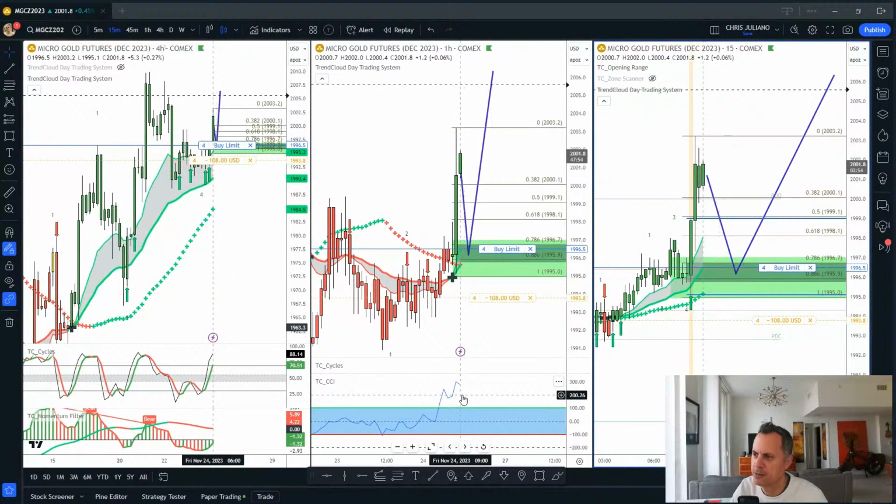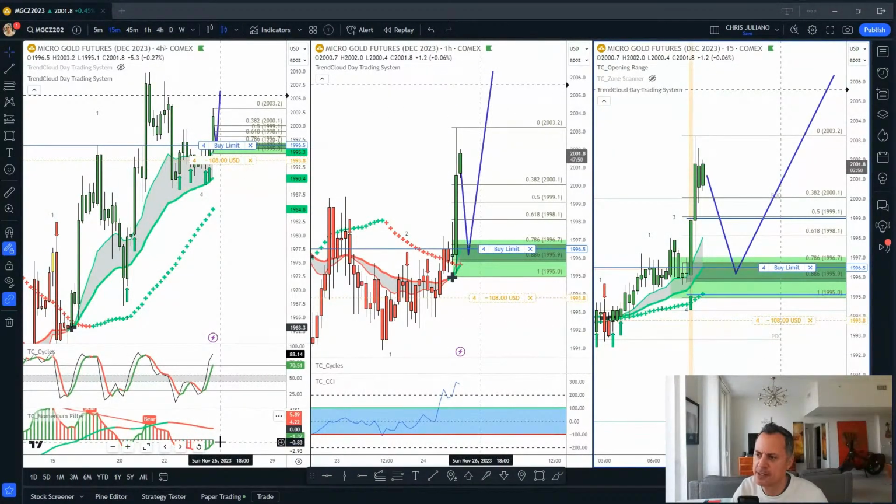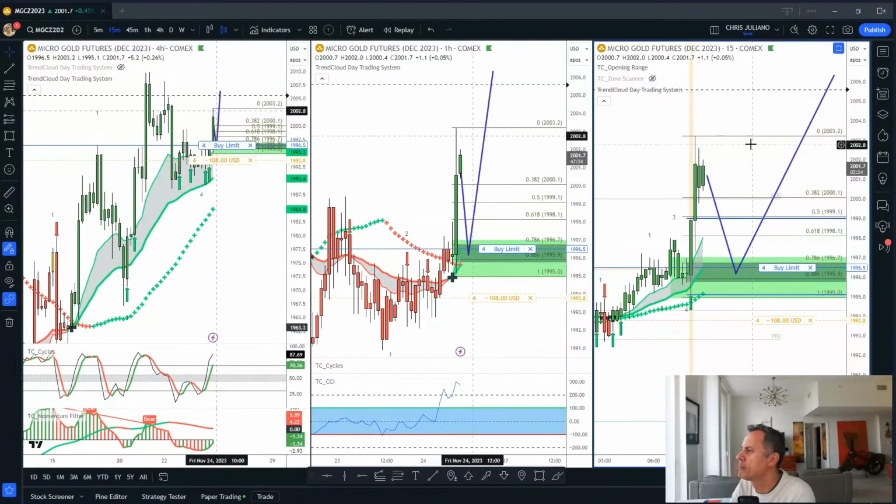Momentum is up on the middle time frame. Trend is up on the high time frame. Momentum is up on the high time frame. And we're also cycling up. So we've got a lot of information to the upside here. Don't hesitate. Don't even hesitate.